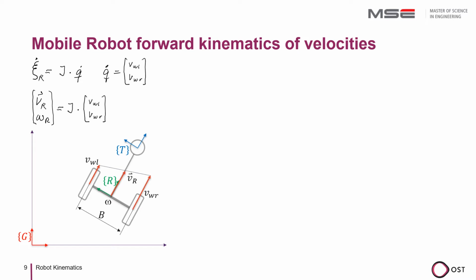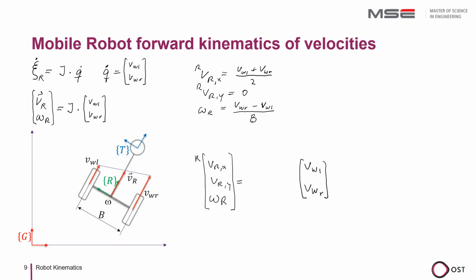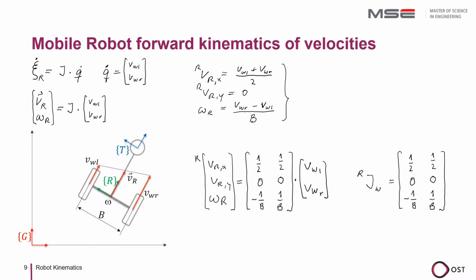The speed in the direction of travel is the average of the two wheel speeds. Vy in the robot system is 0 because a wheel can only roll in the rolling direction. Omega is the difference between the two wheel speeds divided by the wheel distance b. We can now factor out the velocities of the wheels, and thus we have found the Jacobian matrix from the wheel system to the robot coordinate system.